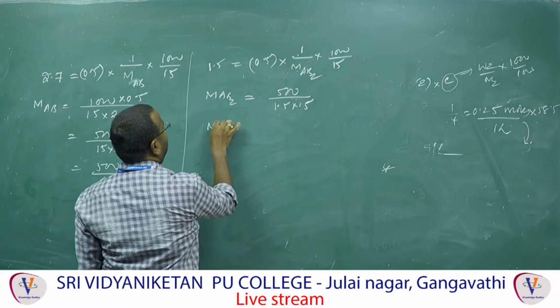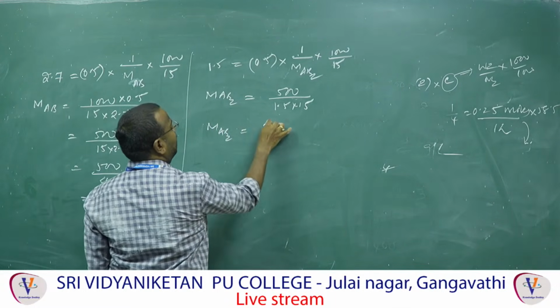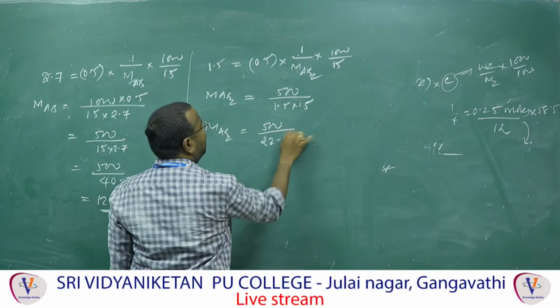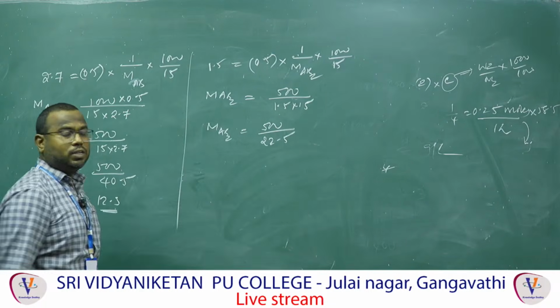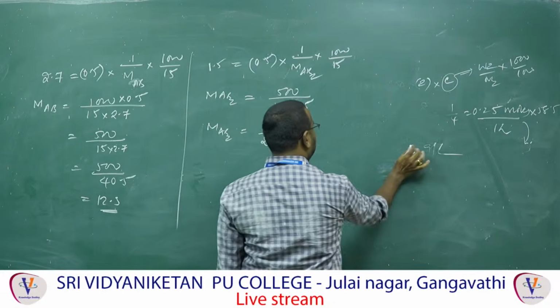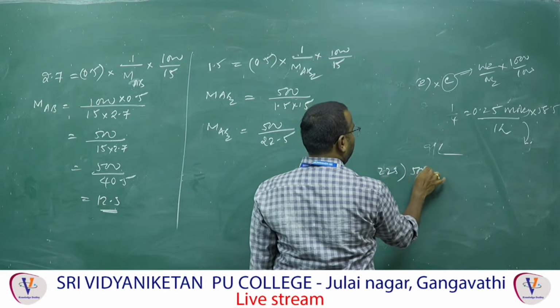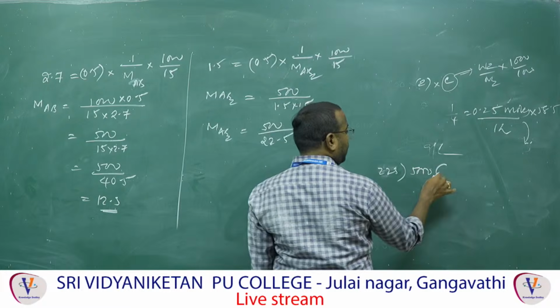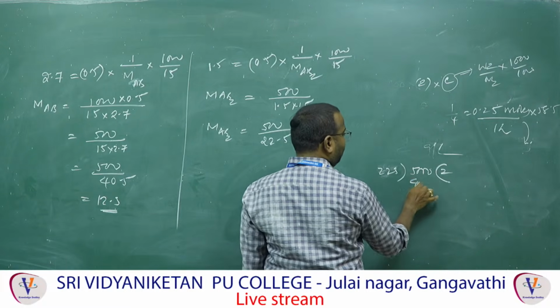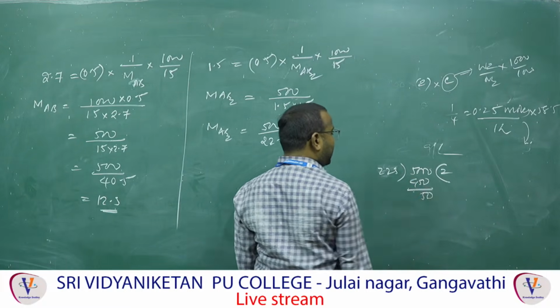Then MAB2 equals 500 divided by 22.5 in the denominator. That means it is 225, 5000. So it is 2 times actually, so 450, 50 remains there.